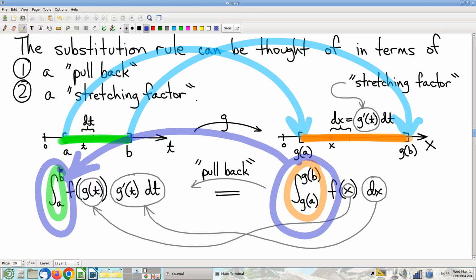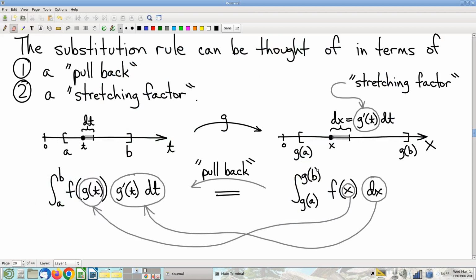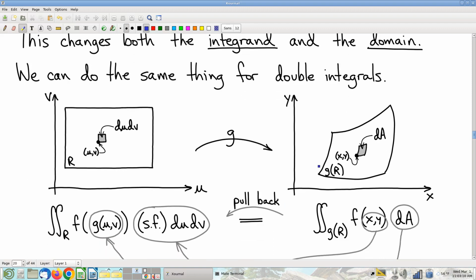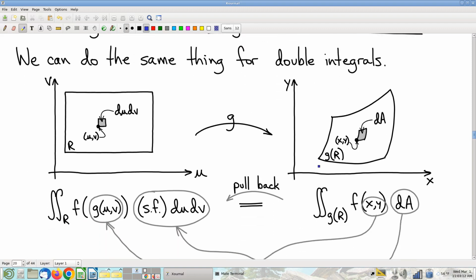Okay, all of that said, I claim now with this as a model, we can try to do the exact same thing in 2 dimensions. And here's roughly what it looks like. Suppose I have some interval over here in the UV plane, and then I say I've got a function that gives x and y as functions of u and v.